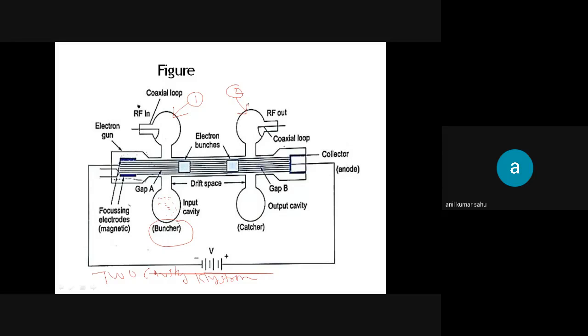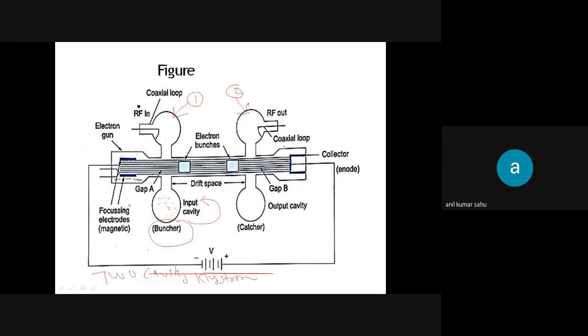Since the buncher cavity is located on the input side, it is also called the input cavity.